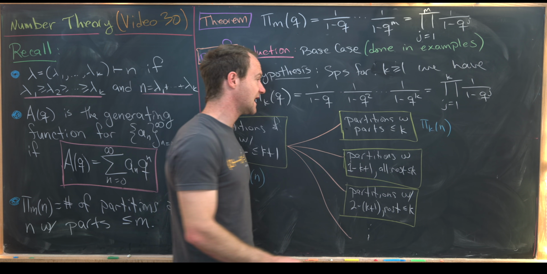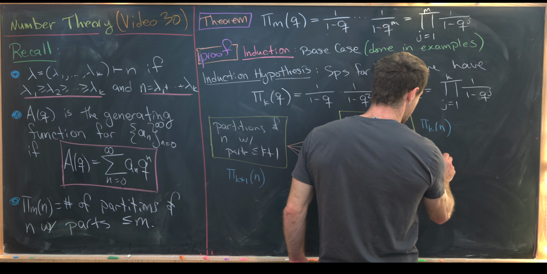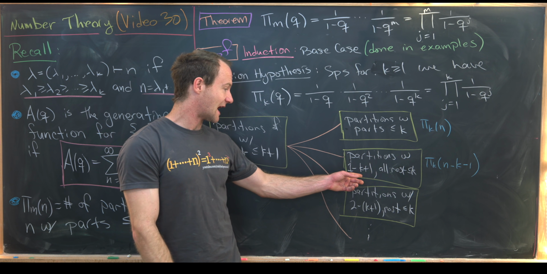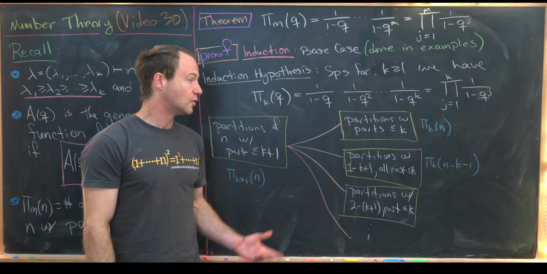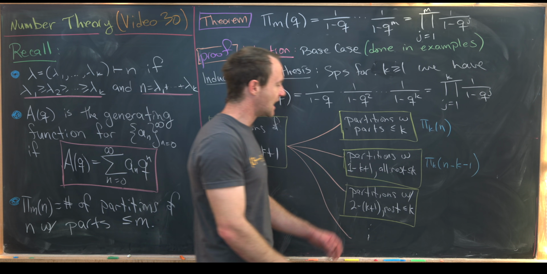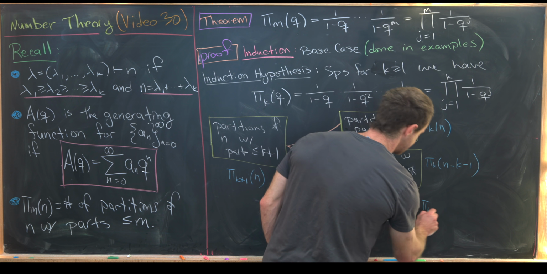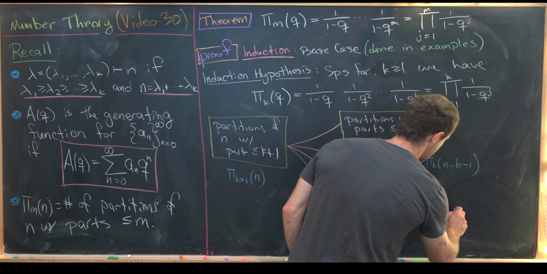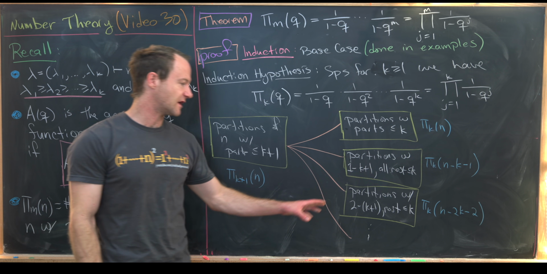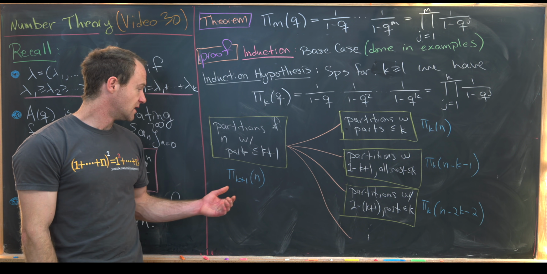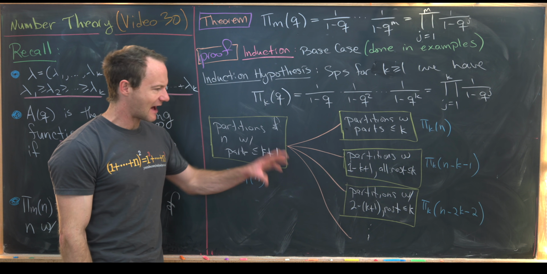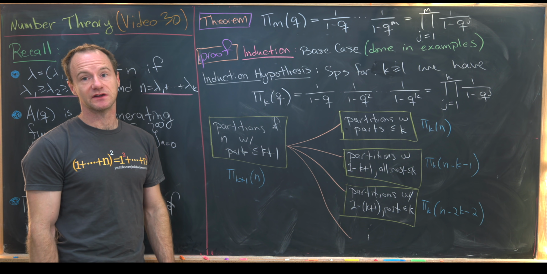Well, we've used one k plus 1, so this is in fact pi_k(n minus k minus 1), because after using a single k plus 1, we only need the rest of the terms to add up to n minus (k plus 1). And then so on and so forth down here. So this is pi_k(n minus 2k minus 2), and so on. Eventually, you're going to hit 0 because you'll outstrip the size of n. But after that point, you can just set all of these things equal to 0.